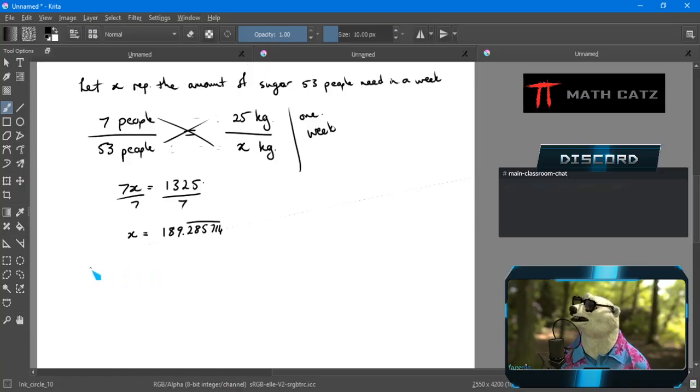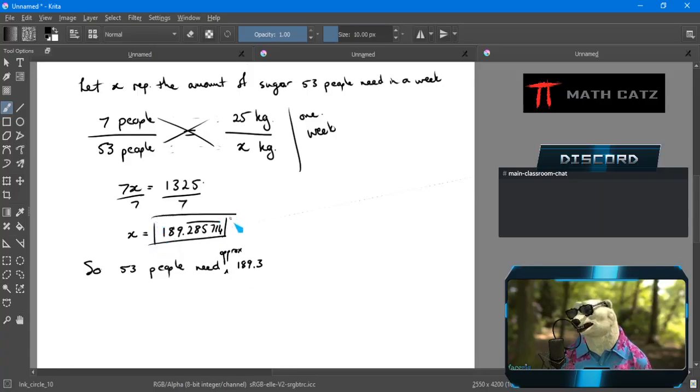Okay, so let's just write a sentence to see what we have and what we still need to do. So 53 people need 189 point, let's say here approximately. I can round it in my informal sentences, but I know that if I'm going to perform a calculation, use the actual number.